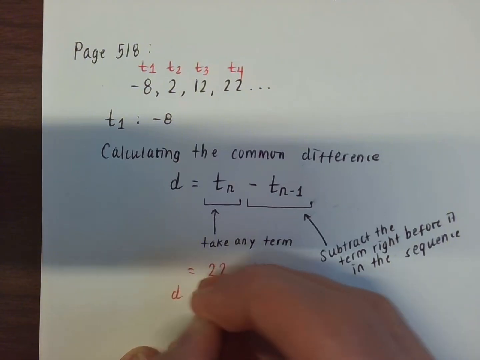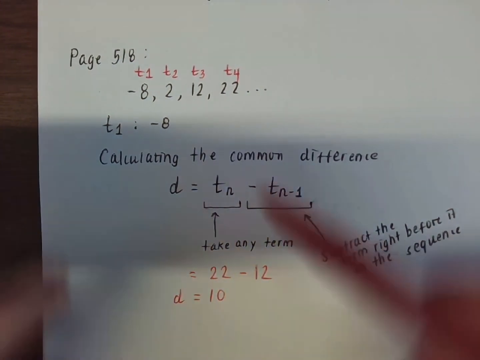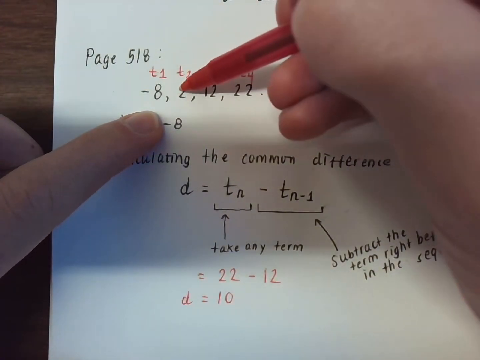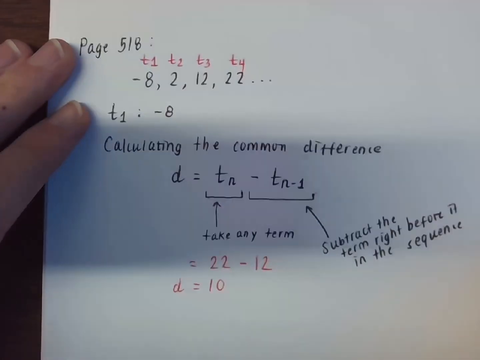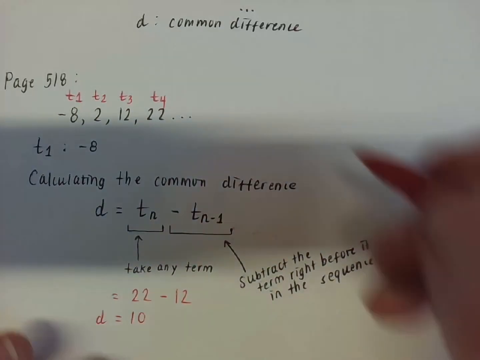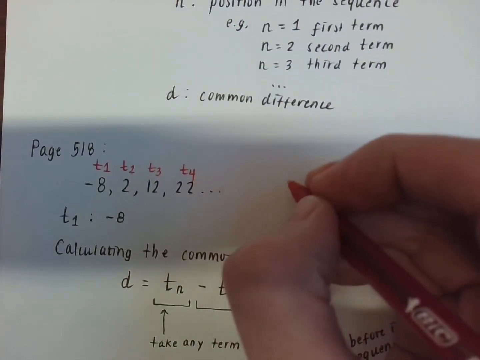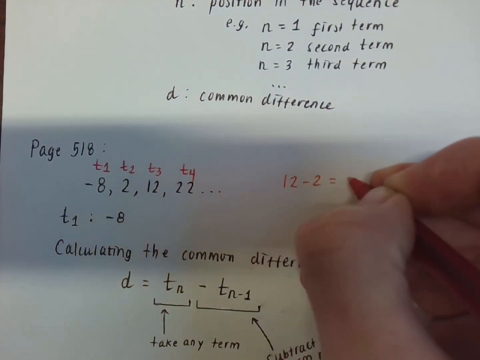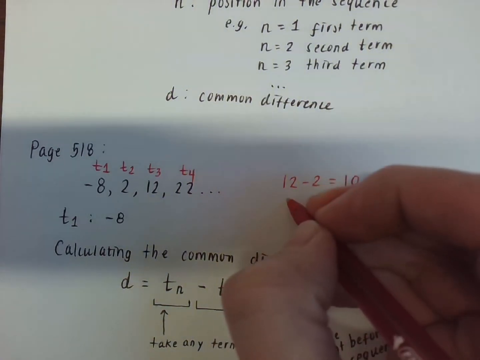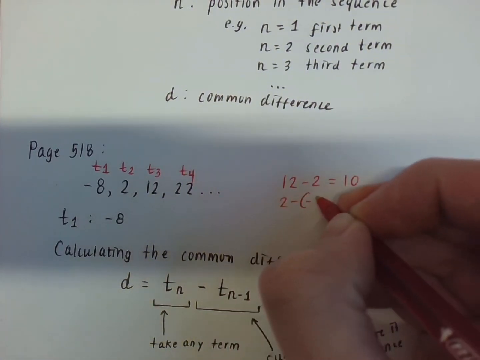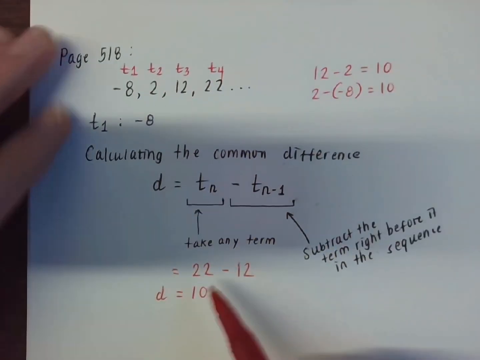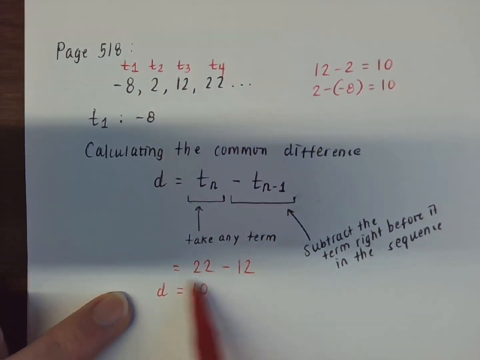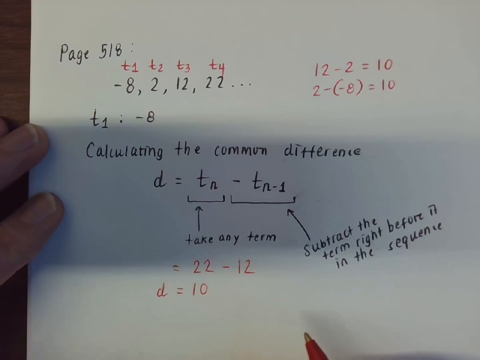So that means d equals 10. I would get the same thing though, because 12 minus 2 is 10. 2 minus -8 is also 10. So for an arithmetic sequence, you're going to get the same common difference every single time.